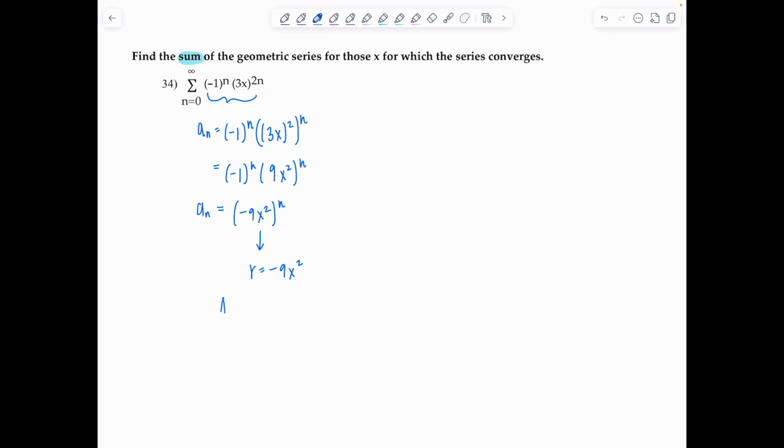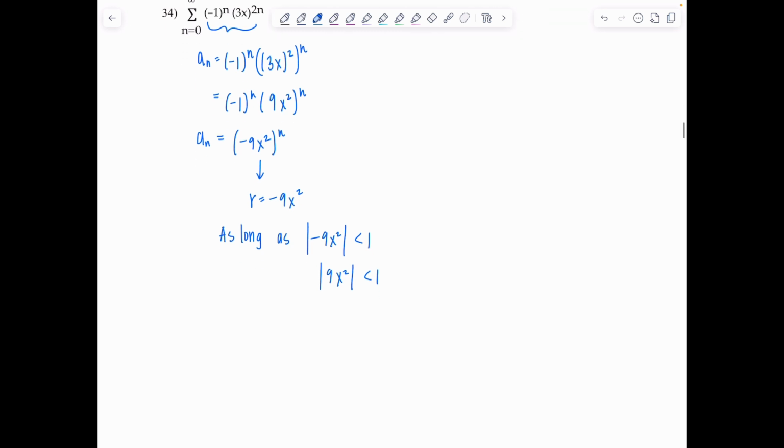Now, as long as the absolute value of r, so the absolute value of negative 9x squared, is less than 1, and if I take the absolute value of negative 9x squared, that's just the same as the absolute value of 9x squared is less than 1, right? So as long as this is true, then the sum is going to be a, whatever the first term is, over 1 minus r.